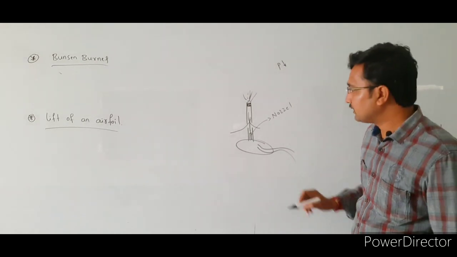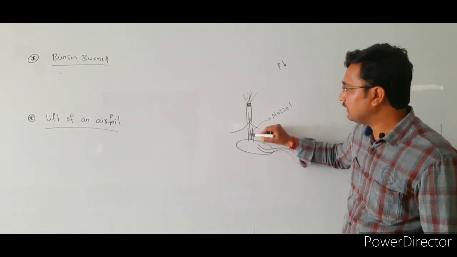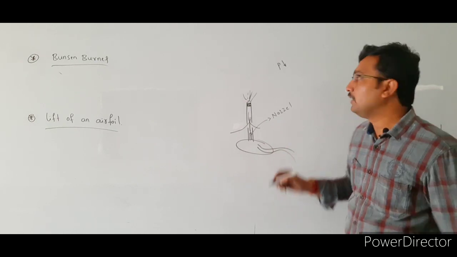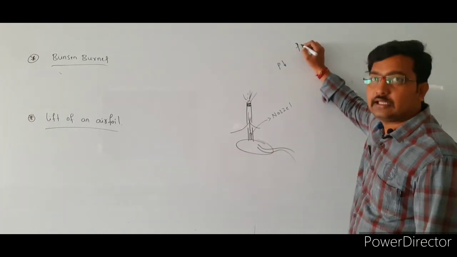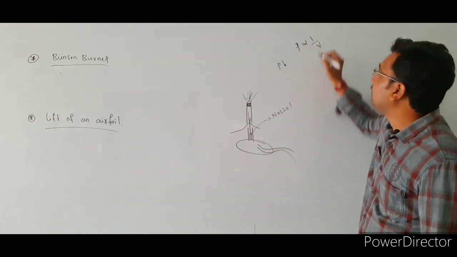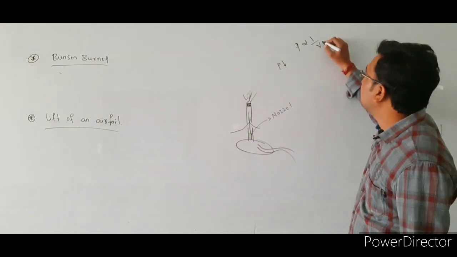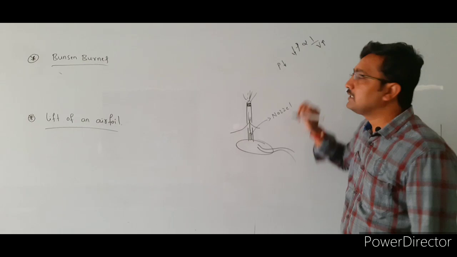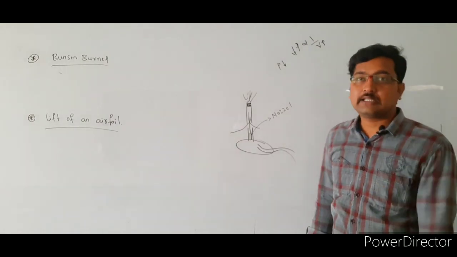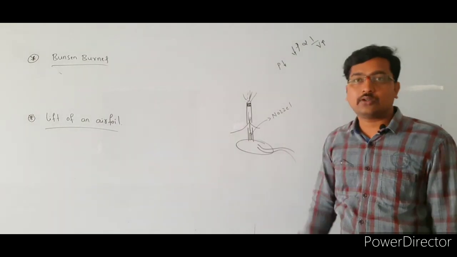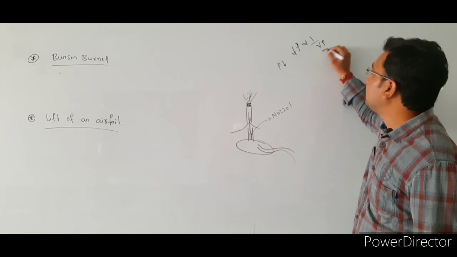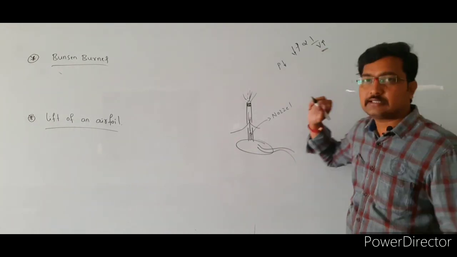When the gas exits from this nozzle with a very high speed, the pressure at that point decreases. From Bernoulli's principle, P is inversely related to velocity. If the velocity is more, the pressure at that point is decreased.